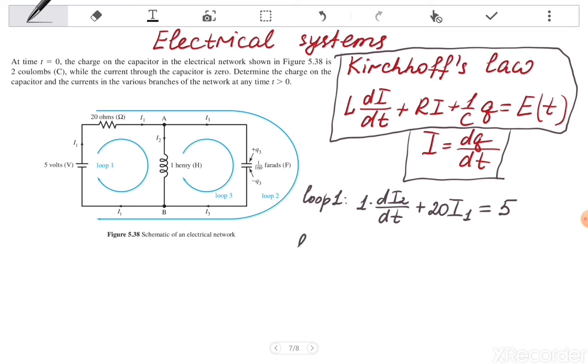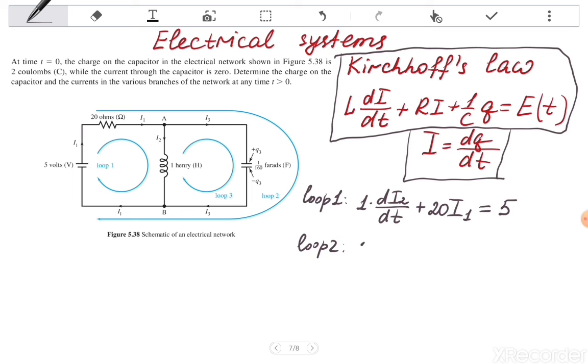This is loop 1. Let's discuss loop 2, the big loop. We have again the electrical source, the resistor, and also a capacitor. This part is now 0 because we don't have an inductor here.